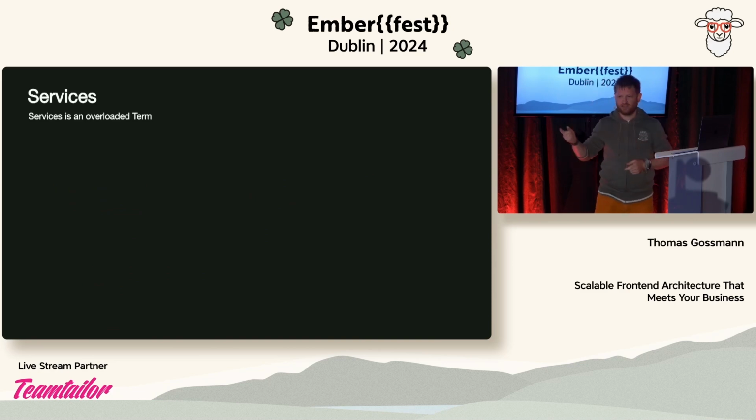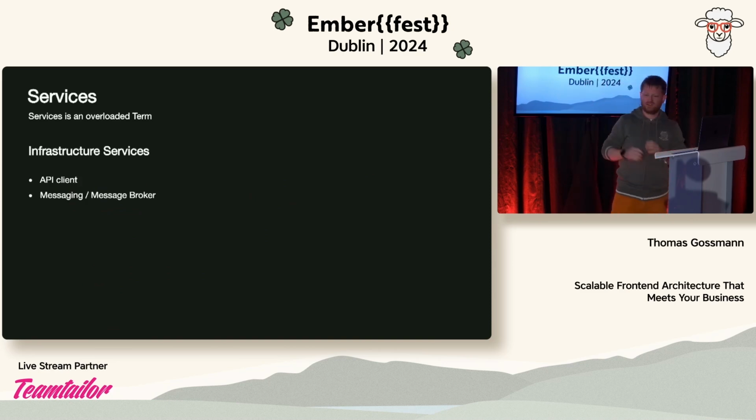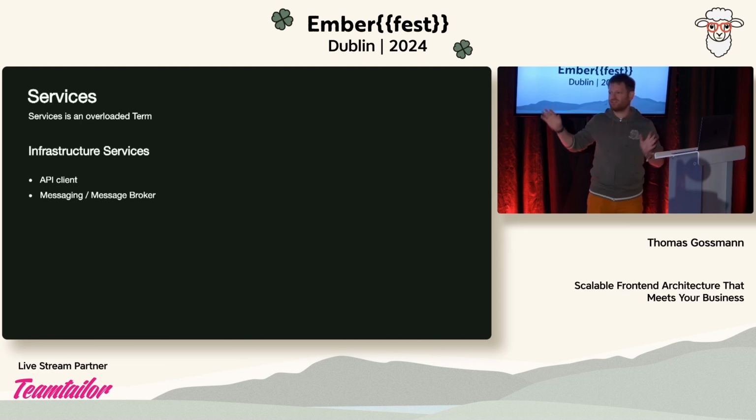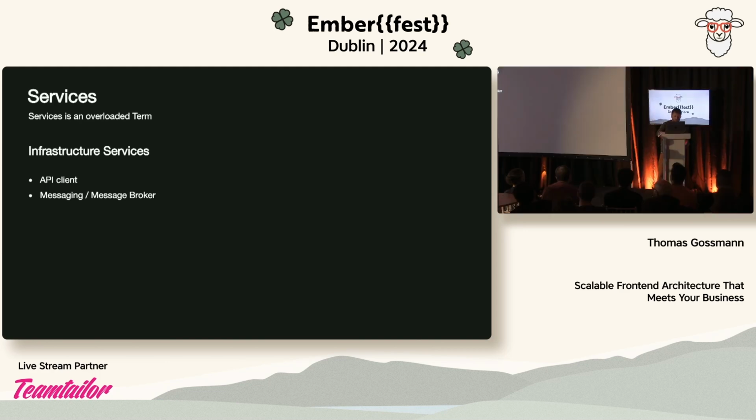Speaking about services, it's quite an overloaded term, and I basically continue what Kevin said. We see infrastructure services: those are your API client, like Warp Drive, Apollo, or your custom thing, or some messaging infrastructure. We also know application services, which contain application state, like your session, or features or A/B testing, and they may even use infrastructure services.